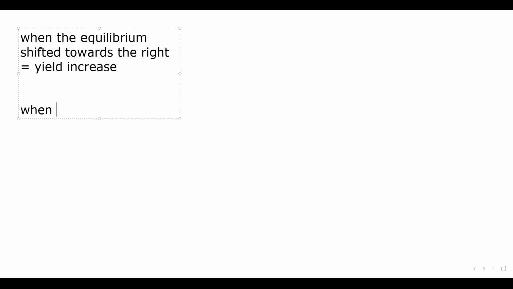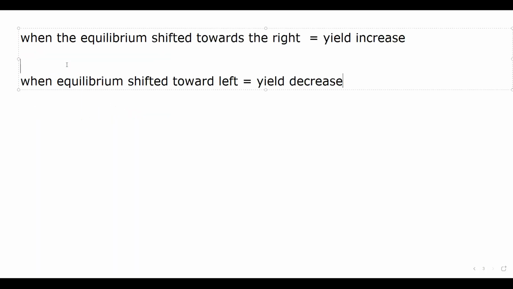And when the equilibrium shifts towards the left hand side, we say the yield decreases.